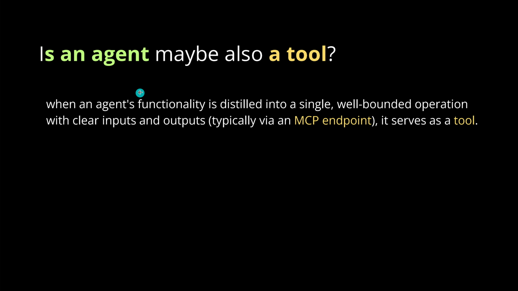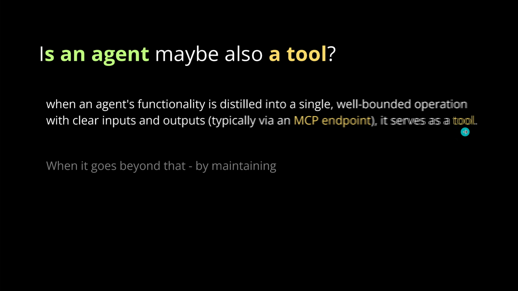So when an agent's functionality is still down to a single well-bound operation with clear inputs, clear outputs, no intelligence needed, you can say, okay, we build now an MCP endpoint, so that this agent can be viewed or served as a tool. So if this agent has no AI, if it is something rule-based, okay, it's a tool.